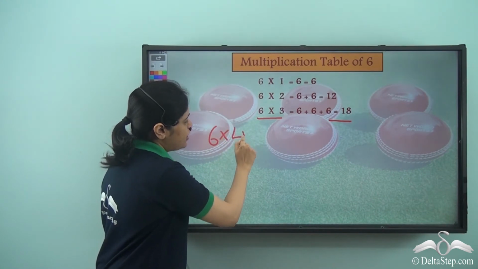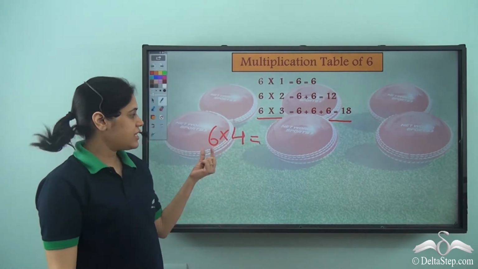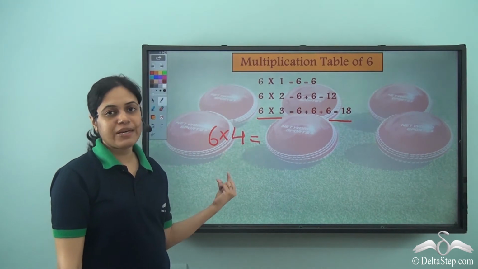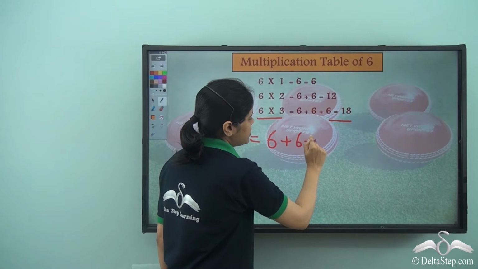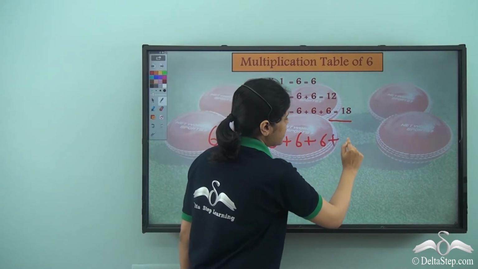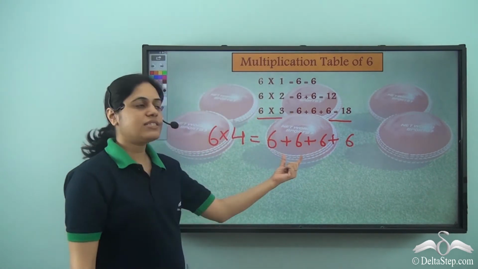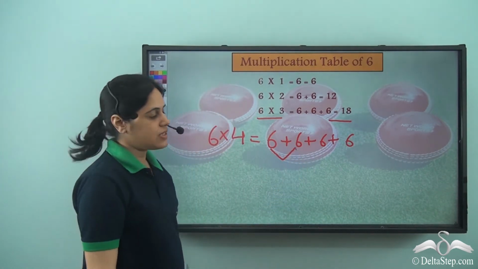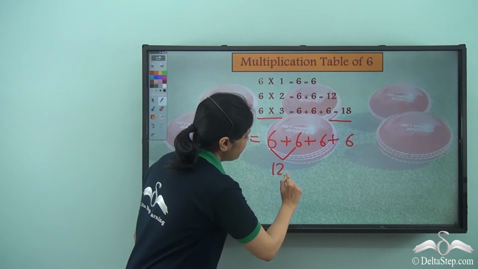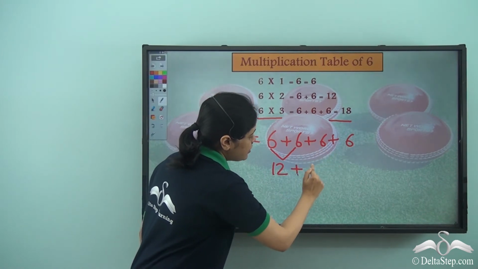What will be the next step? 6 into 4. 6 into 4 is 4 times 6. So 6 added 4 times. 6 plus 6 plus 6 plus 6. So first I add these two 6's. 6 plus 6 is 12. And then I have these two left.